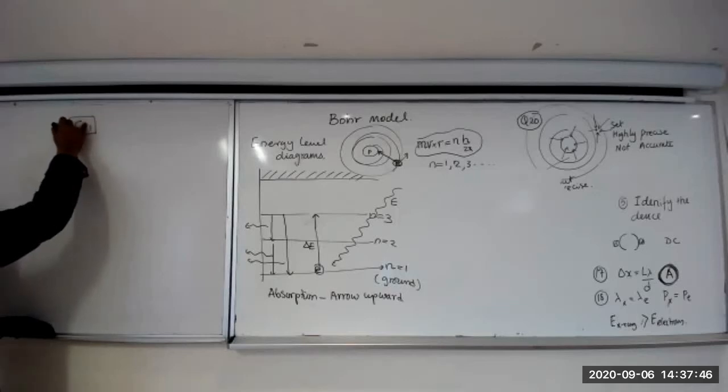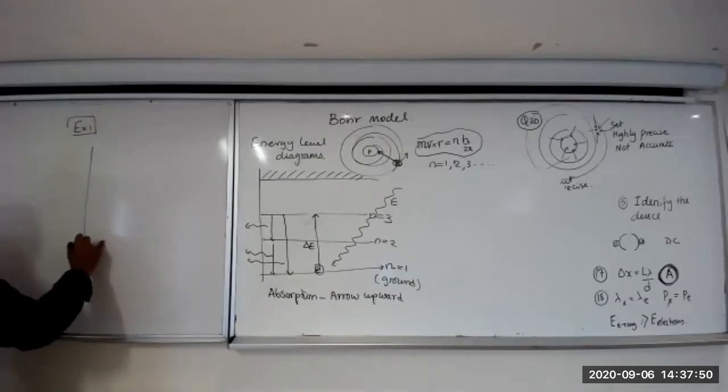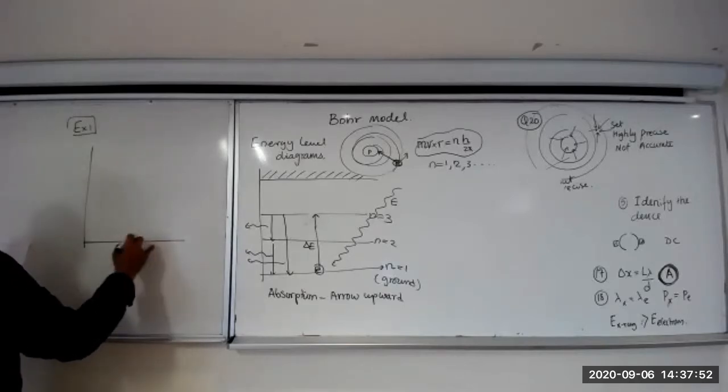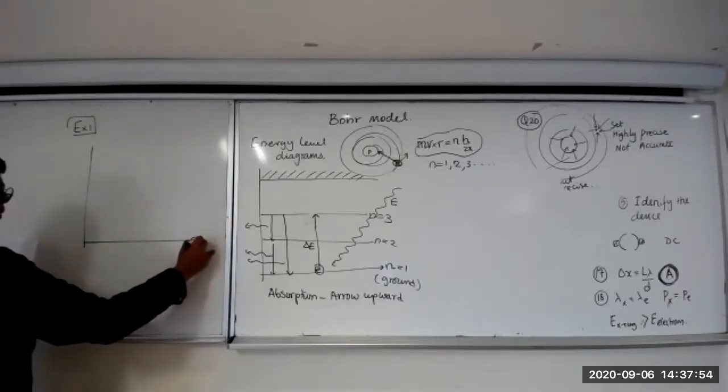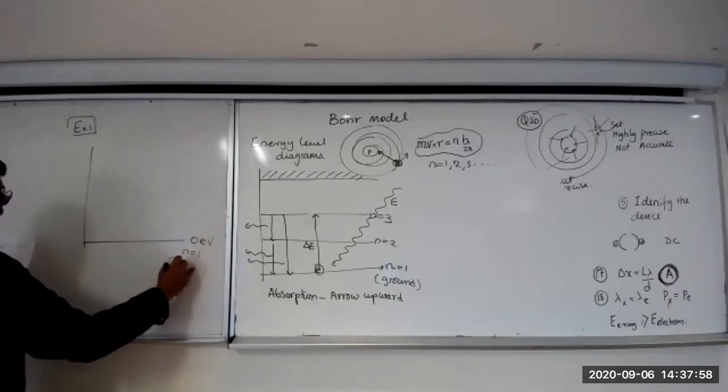So this is the energy level diagram of mercury. This is the ground state, 0 eV, n equals 1. We call it the ground state.